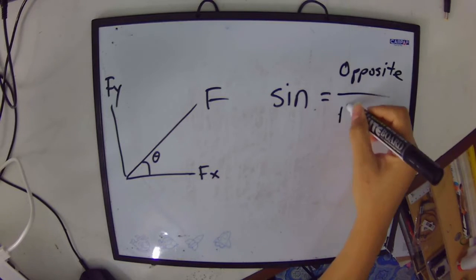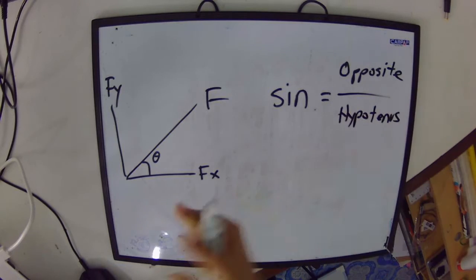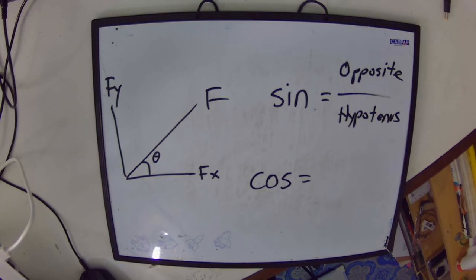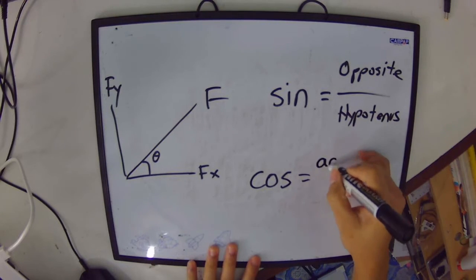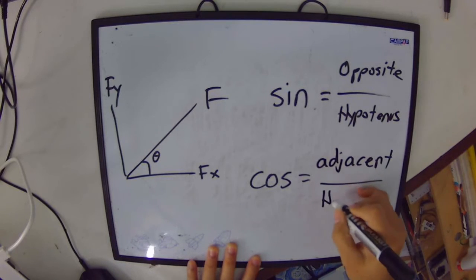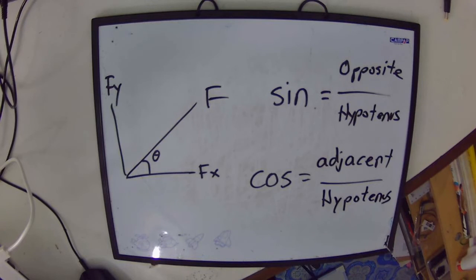I may have spelled that wrong, but never mind. And cos, what's cos? Cos is adjacent over hypotenuse. You've learned that already in the past, right?